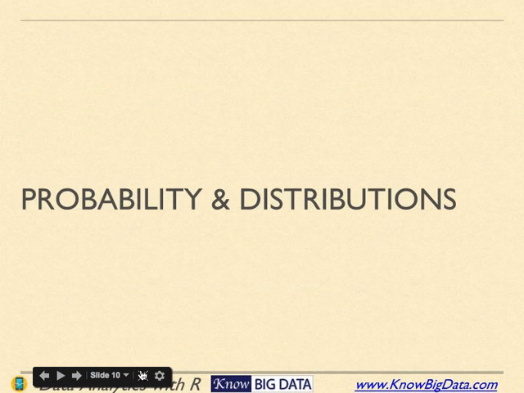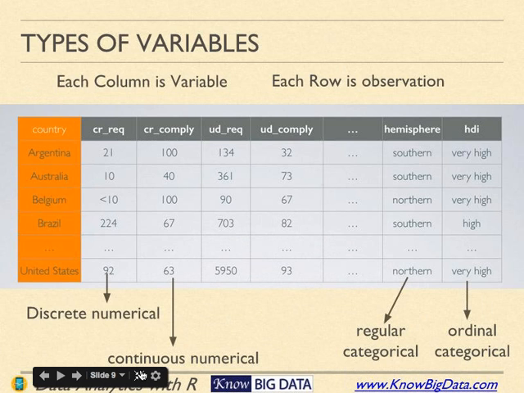Then user data requests were 134, and then, okay, this is another request. Now, which hemisphere does Argentina lie in, southern or northern? And then HDI, some other factor, is very high, very low. So HDI is your ordinal categorical, hemisphere is your regular categorical data, and the complies column is continuous numerical because all the values are covered, because these are percentage data.